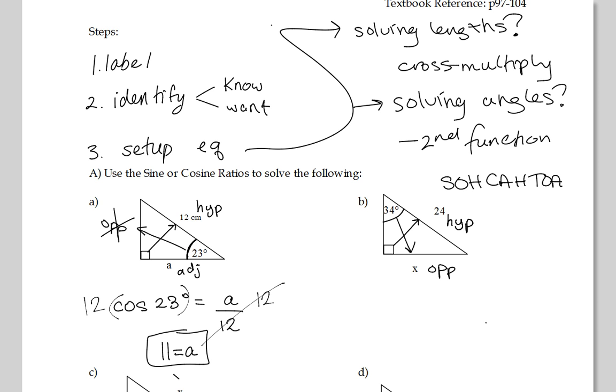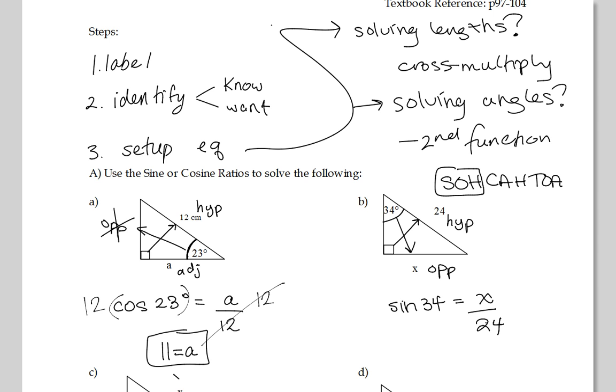So which one does the O and the H? Sine, right? So jot down the sine. What goes right next to sine? 34. Now the opposite over the hypotenuse. X over 24. Is this one very similar to part A? What do you got to do to both sides?